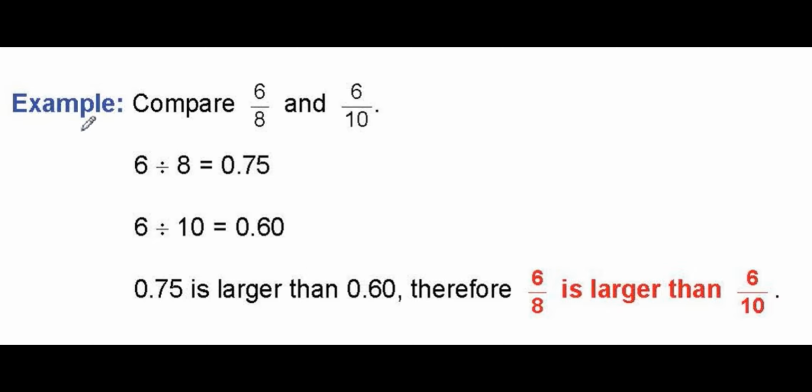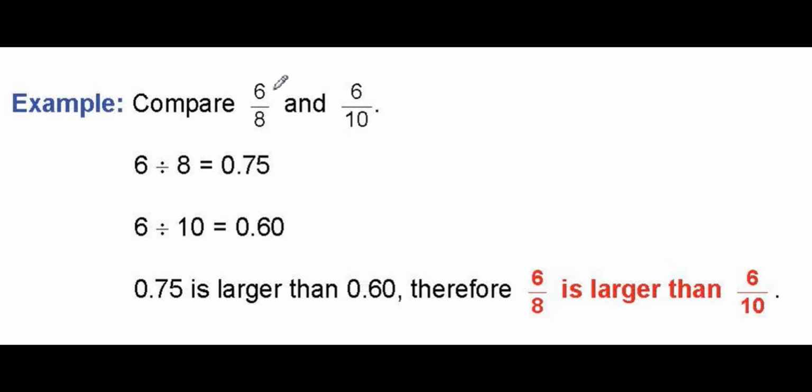In this example, we are going to compare the fractions 6/8 and 6/10 to see which is the larger fraction. To do this, we will divide each fraction's numerator by its denominator. Whichever fraction's division result is larger will be the larger fraction.